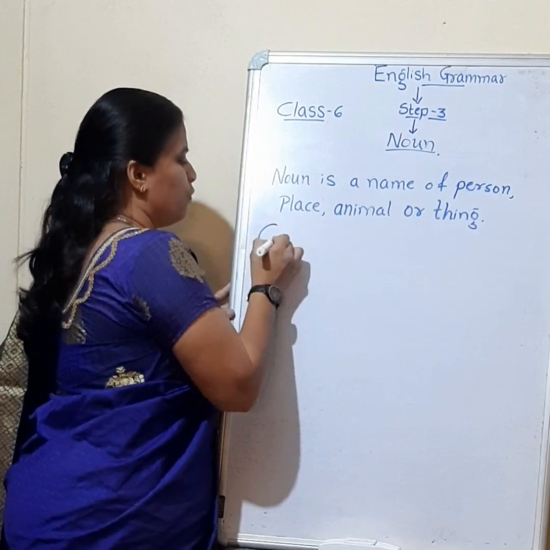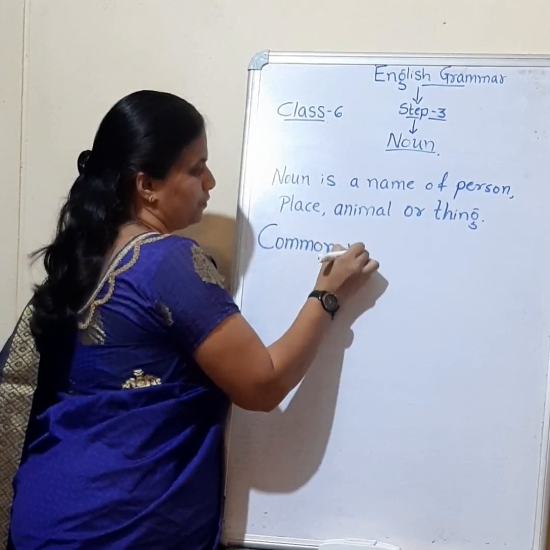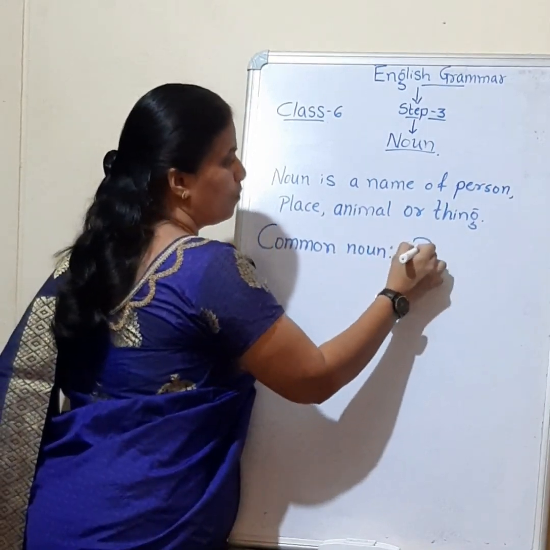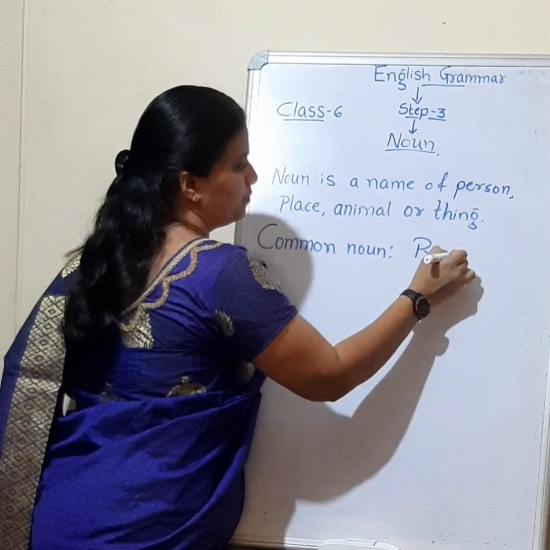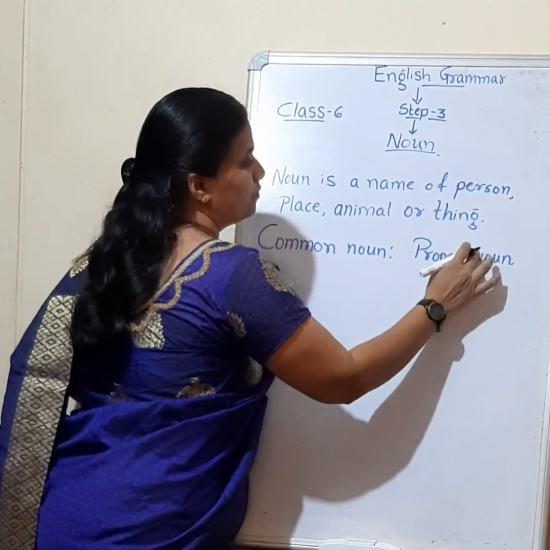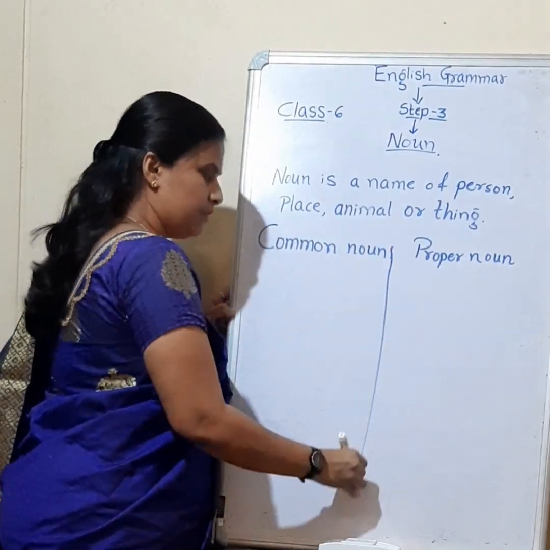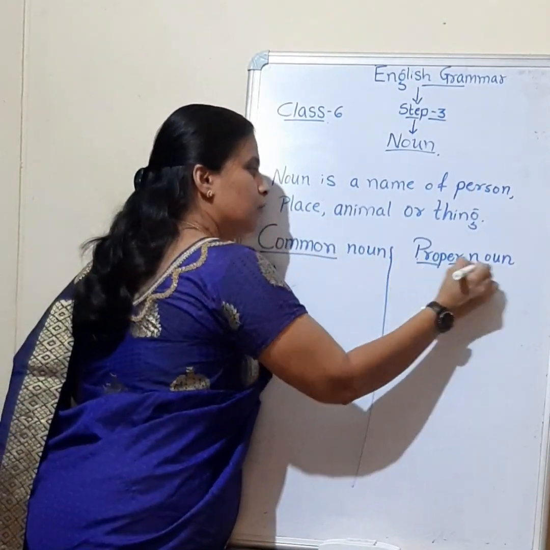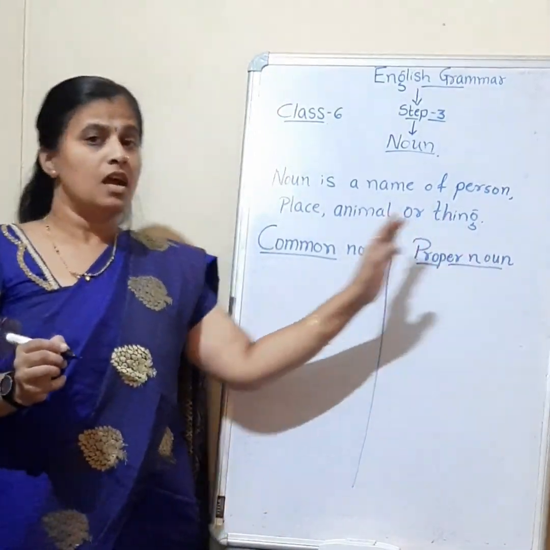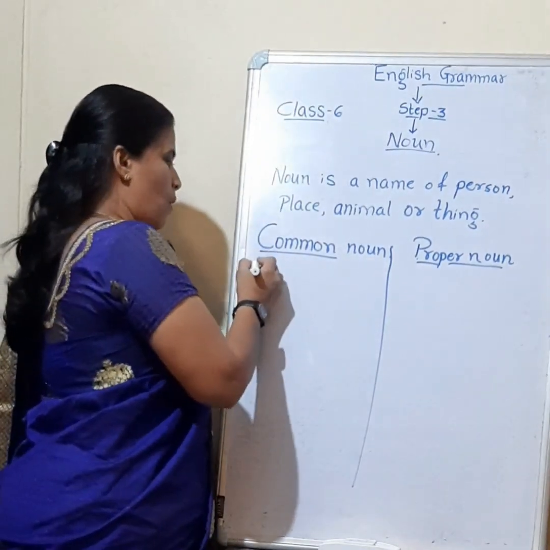Now we are going to focus particularly on common noun as well as proper noun. To begin with, let us know the meaning of common noun and proper noun first. After that, we'll deal with some examples. The first one is common noun.